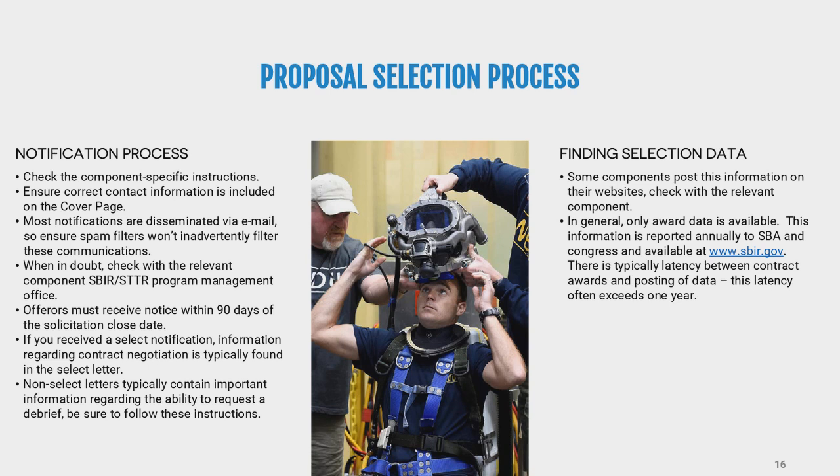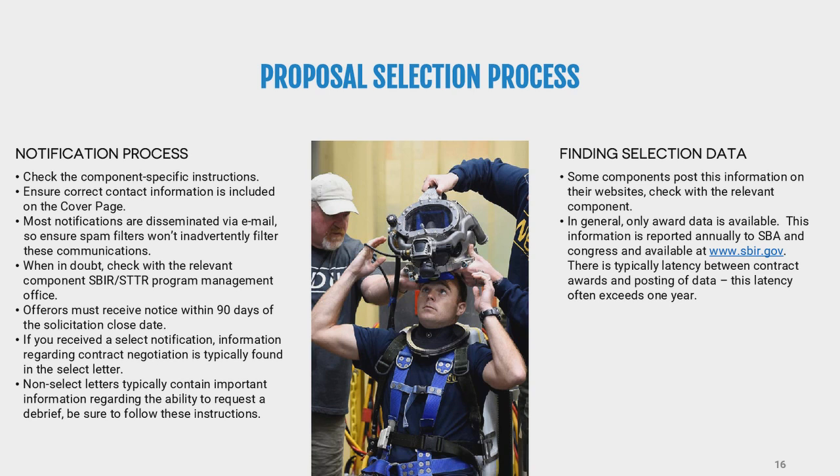A quick tip for notification letters: in advance, if it's not in the proposal instructions, you should contact the component SBIR STTR program management office and find out what email address is used to send these communications, and make sure you add them to your contact list so these very critical and important emails don't go to your junk box.